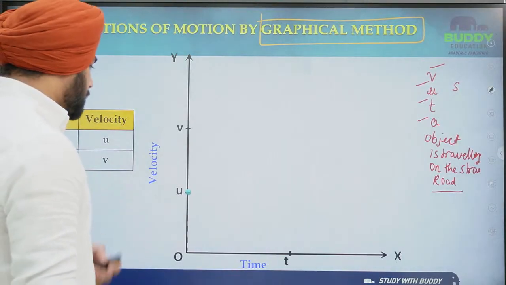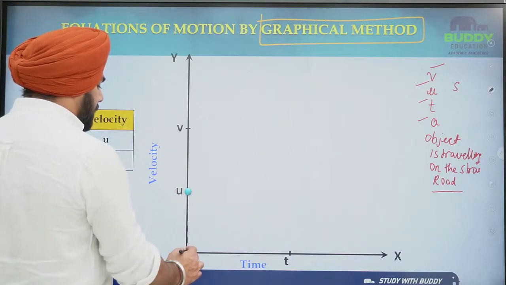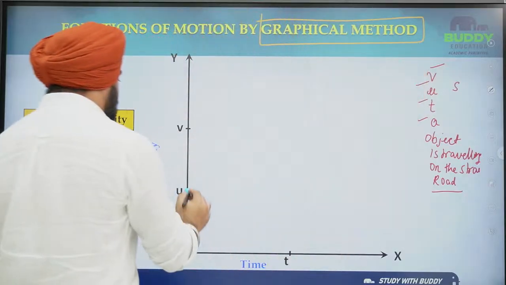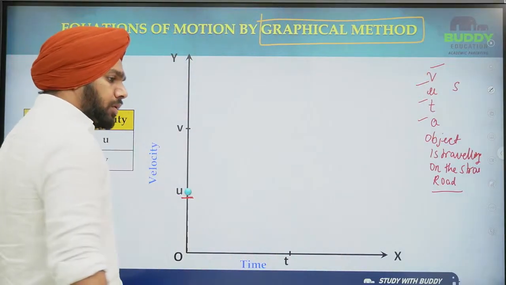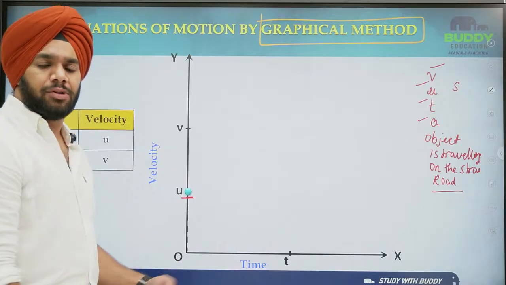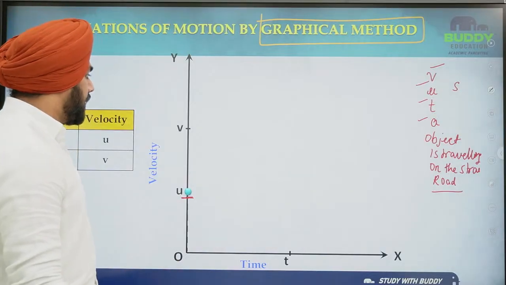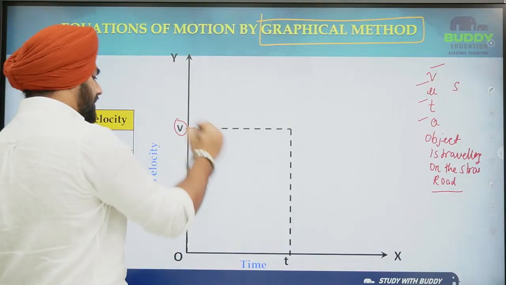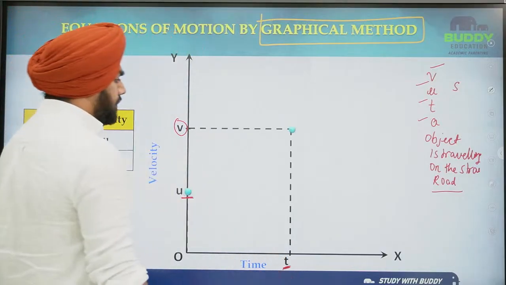At time t equals 0, the velocity was u. The bus was not at rest, it was already moving. After some time we got the velocity v, and that is time t.